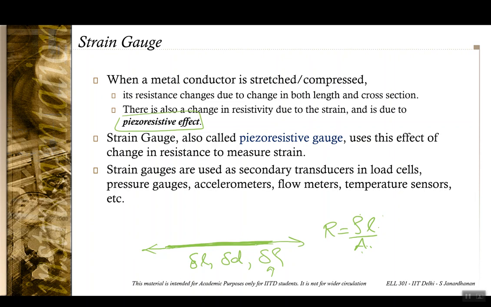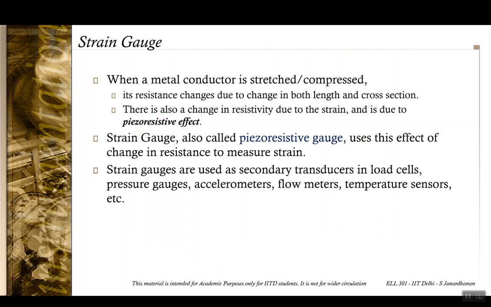Typically, strain gauges are only used as secondary transducers. That is, they are not used to measure displacement directly. They are used where you are basically measuring pressure, force, acceleration or temperature.